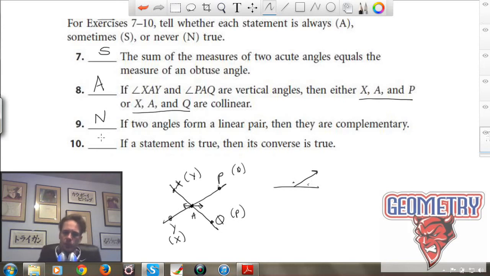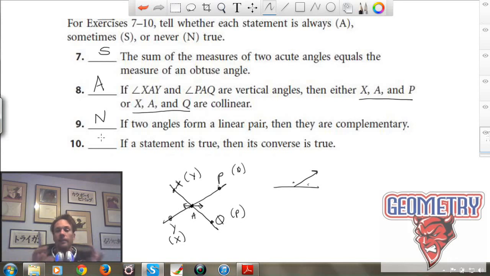If a statement is true, then its converse is true. So what it's saying is, if you take an if-then statement, if blah blah blah, then blah blah blah, and you take the converse of it, where you flip the if into the then, it will always have to be true. I don't think that is true. Sometimes it is. Sometimes we have a conditional statement where if A then B exists, we flip it around and say if B then A also exists.